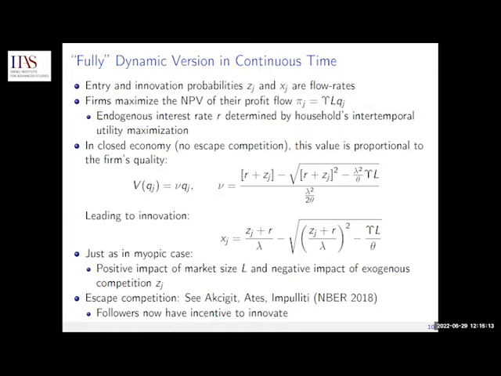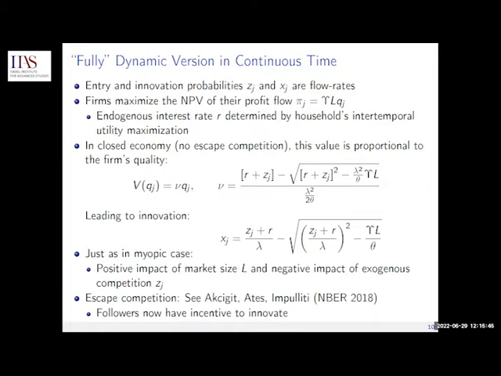The flow profit still has exactly the same functional form. You put in the background consumers that are saving, which delivers an endogenous interest rate, like the typical macro models. And one thing that's nice about exactly this functional form that I showed you is that without the escape competition part, just the monopolist version that I showed you earlier, you can actually solve in closed form.